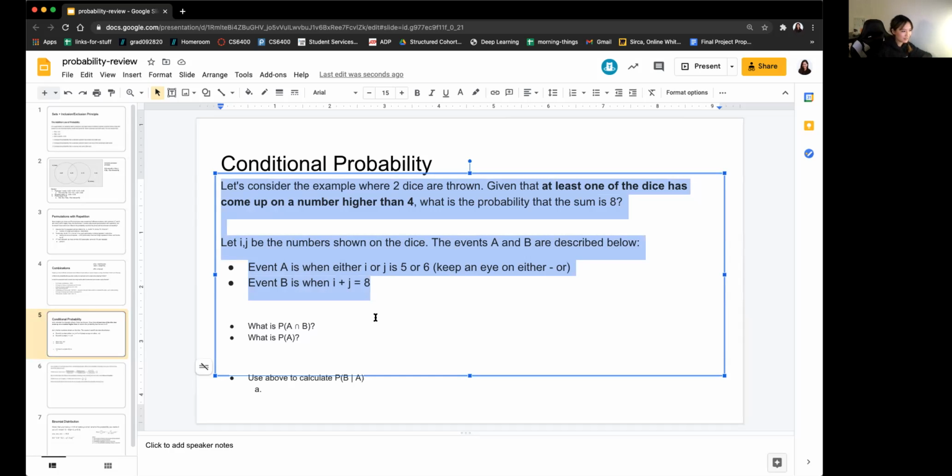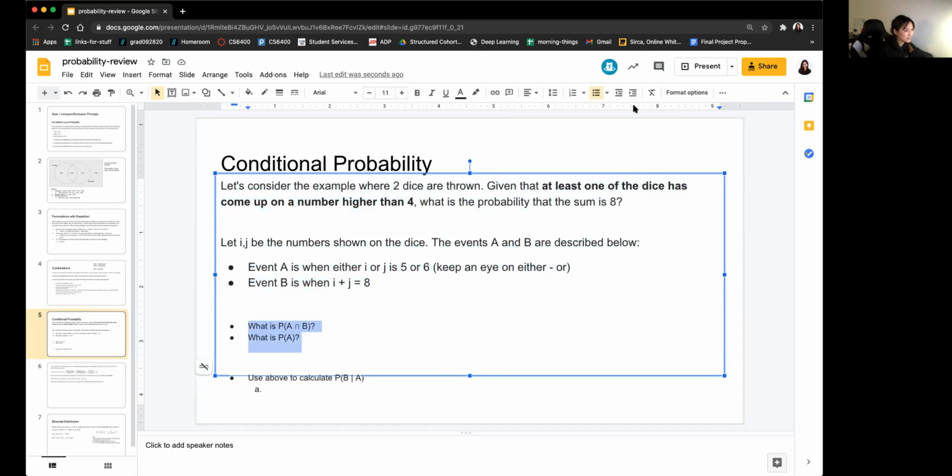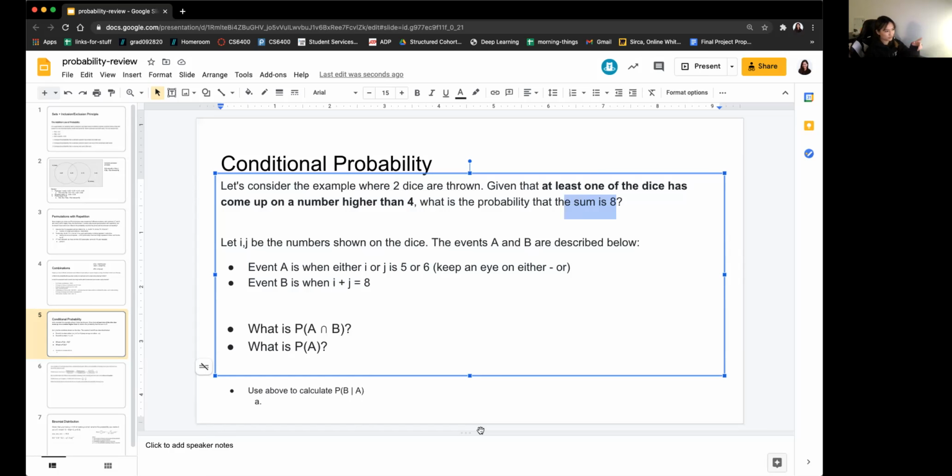And for this, in the labs, they actually have you build up. So they start with a couple questions. First, they actually define events A and B for you. So event A is when either I or J is 5 or 6, because higher than 4. And then event B is when the sum is 8, which is what we're doing here. And conditional probability, I'll put those formulas somewhere here in a little bit.